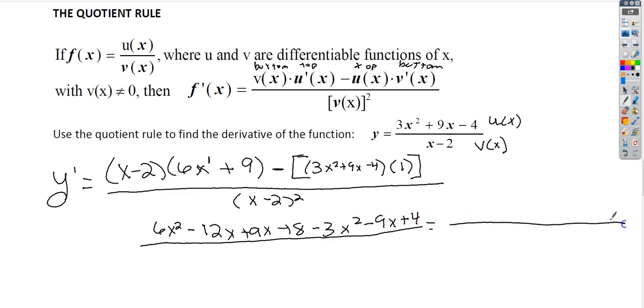And that gives us 3x squared minus 12x minus 14 over x minus 2 squared.